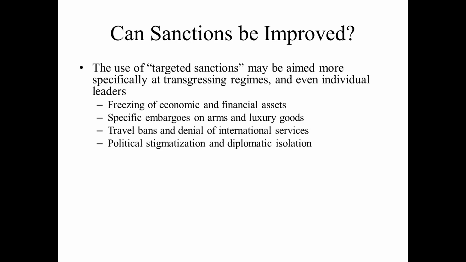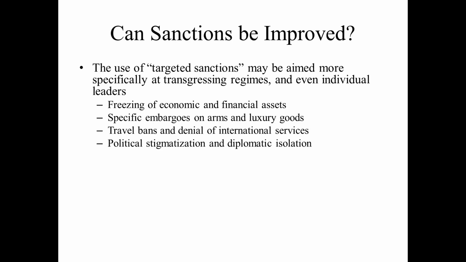These are specific elements of a regime, and even more so, individual leaders. So if sanctions can be customized to go after individuals, right, specific presidents or prime ministers or generals, even more specifically, the extended family and the close network of these leaders, that might be a better way of forcing compliance.